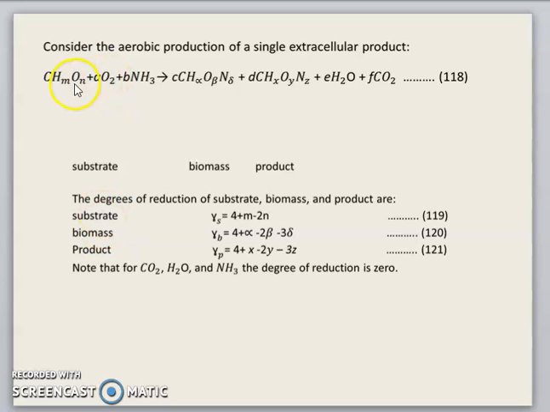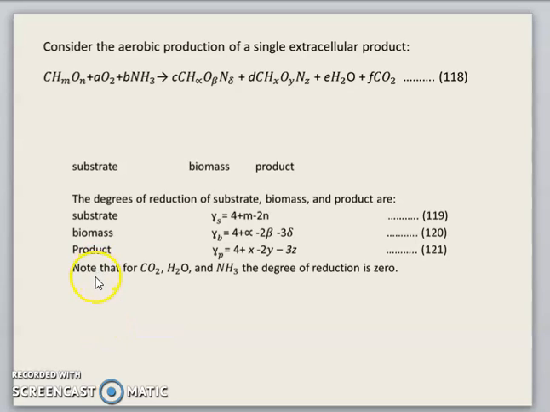For the substrate, CHmOn, the degree of reduction will be 1 times the degree of reduction of C, which is 4, so it will be 4, plus H, the degree of reduction is 1, and then we have m for the number of atoms, so it will be m, and then you have O, the degree of reduction is -2, times n. The same goes for the biomass and product.